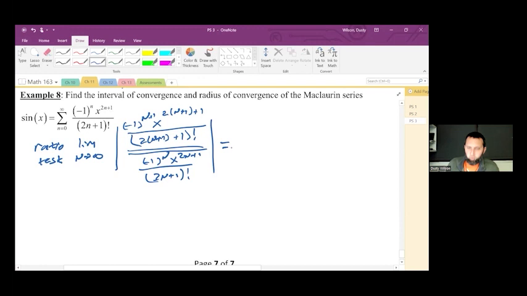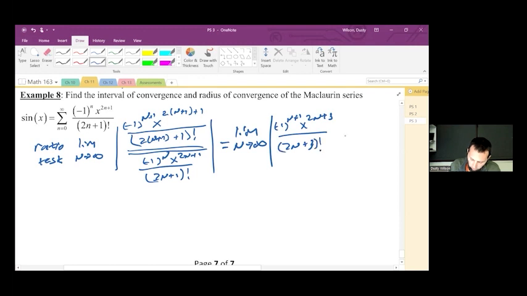Yikes, that's ugly. So this would be the limit as n goes to infinity of the absolute value of negative 1 to the n plus 1, x to the 2n plus 3 over 2n plus 3 factorial times 2n plus 1 factorial divided by negative 1 to the n, x to the 2n plus 1.